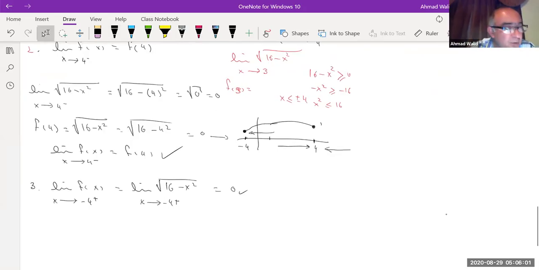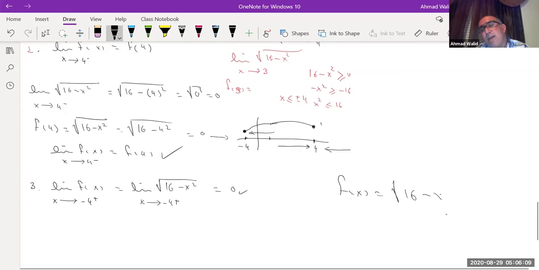It proves for me that my function, f of x equals the square root of 16 minus x squared, is continuous on the closed interval negative 4 to 4. Why on this interval?